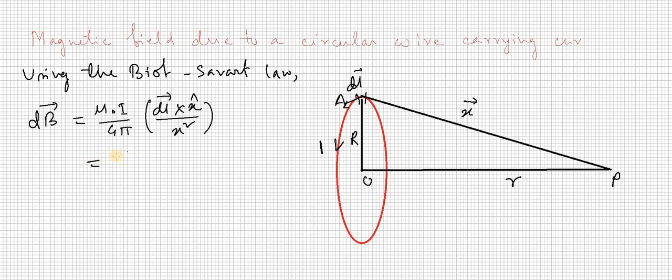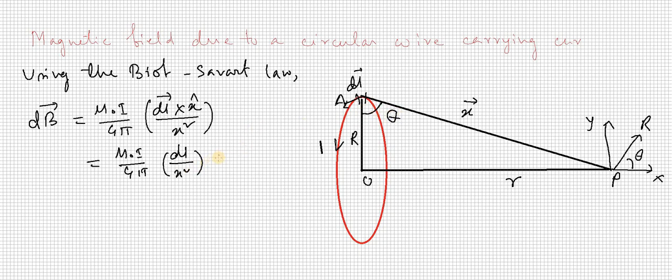Thus we can write mu naught I divided by 4 pi, dl by x square, pointing in, suppose this is the y-axis, this is the x-axis, this is x, toward this direction, suppose PR, where this is angle theta, equivalent to this angle theta. So it is pointing toward the PR direction.